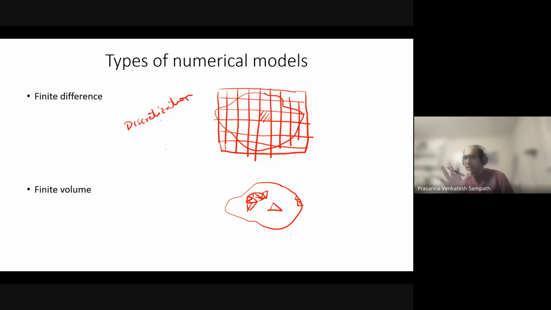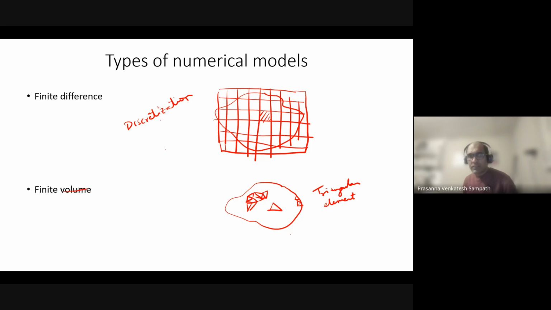Anyway, in a finite volume, I can break it up into rectangular boxes also, or other shapes also. But usually in a finite element model, people will use a triangular element. So here, this is called a triangular element. It can also be a rectangular element, but generally people tend to use a triangular element in a finite volume. Oh, did I say finite volume? I'm so sorry.